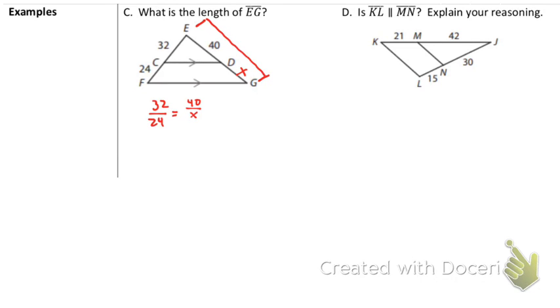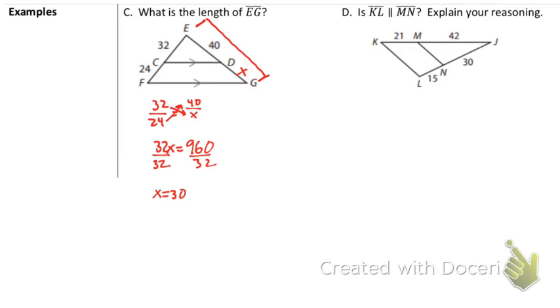And now we can just cross multiply to solve. 32 times x is 32x. 24 times 40 equal to 960. Divide by 32. X is going to equal 30.